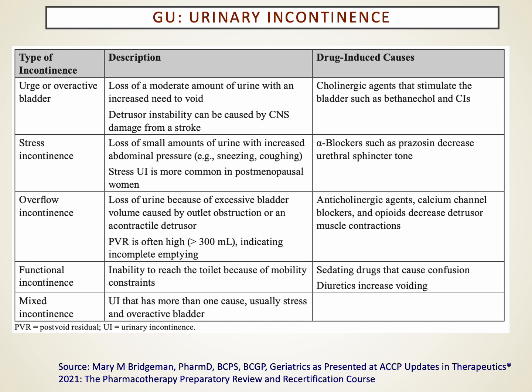We also look at stress incontinence, where alpha blockers such as prazosin sometimes will affect urethral sphincter tone, so that could be avoided by avoiding those. Overflow incontinence, we sometimes see anti-muscarinic agents, or sometimes even calcium channel blockers, or even opioids affecting things there, and so we want to look at stopping those therapies.